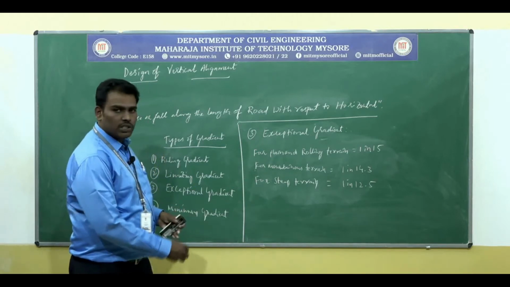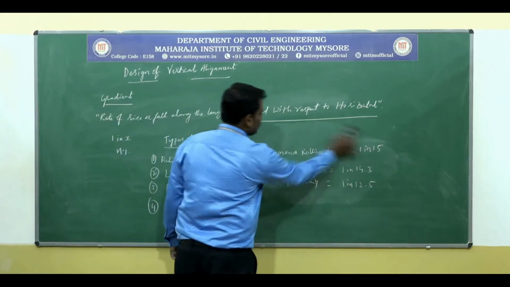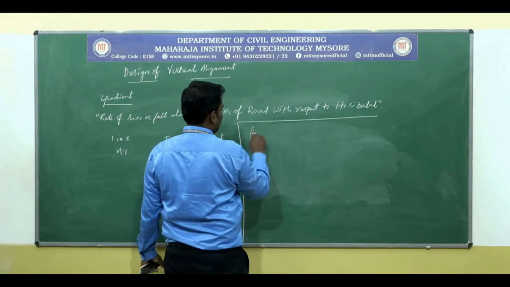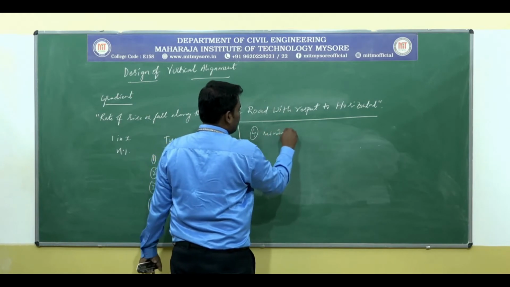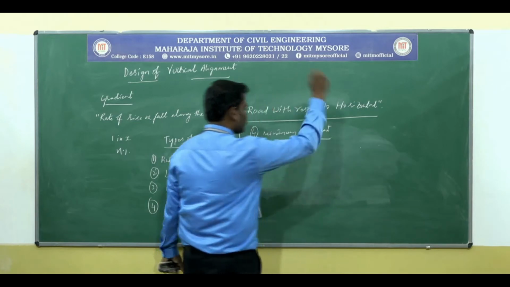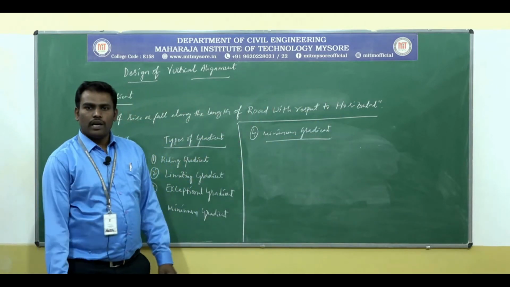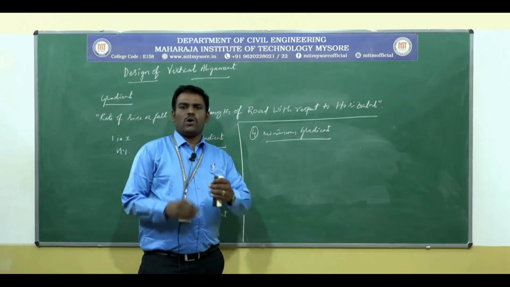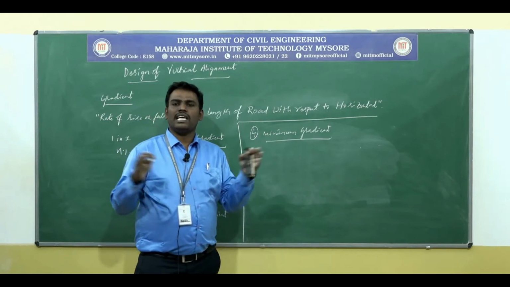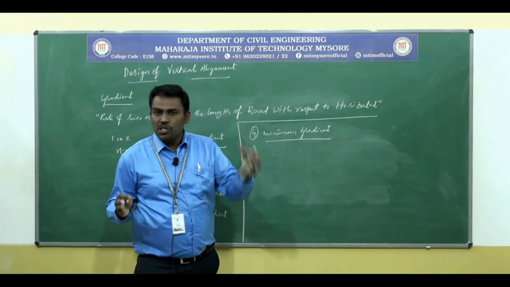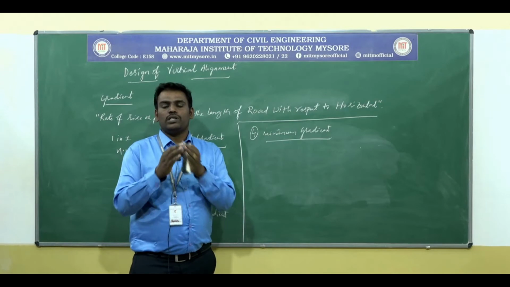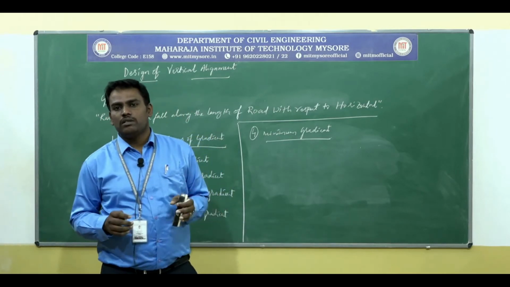Next, the fourth one is minimum gradient. Even if the road surface is on level land, meaning on zero gradient, there should be a minimum gradient to drain off the surface water.